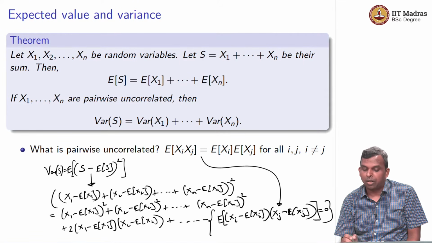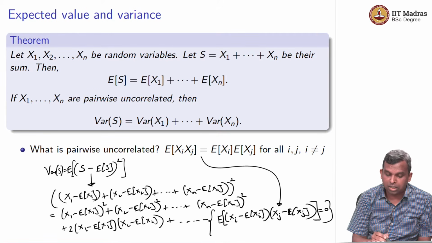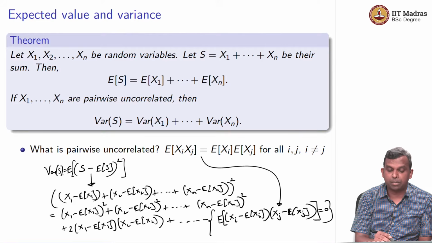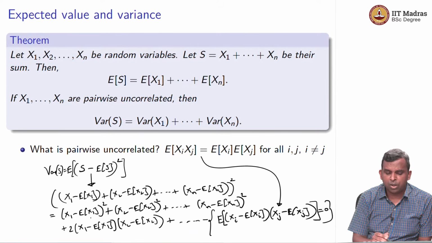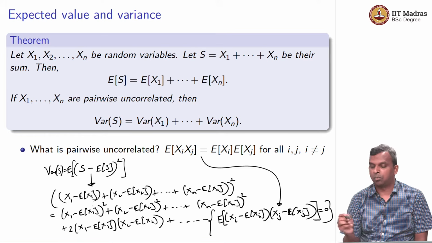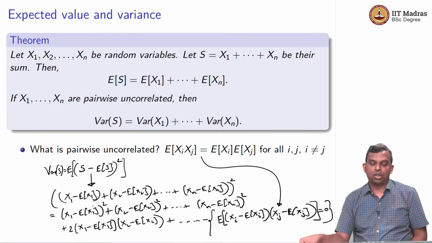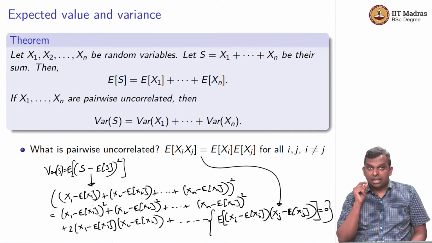You'll see, everything will cancel. You'll get 0. So this is a crucial part. All the cross terms vanish when you take expected value. Only the square terms will remain. And what is the expected value of the first term here? Expected value of x1 minus expected value of x1 whole squared. This is the variance of x1. So this is the crucial result. Pairwise uncorrelated.